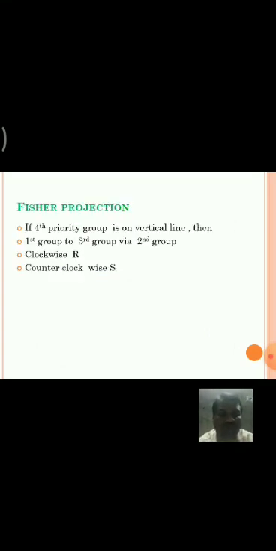We know that in Fischer projection formula we have vertical and horizontal bonds.